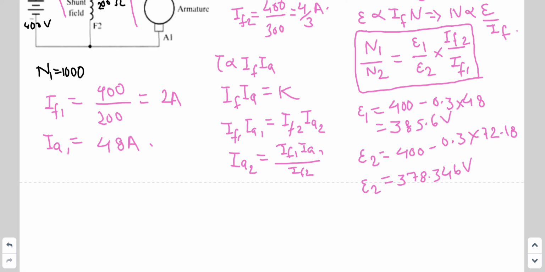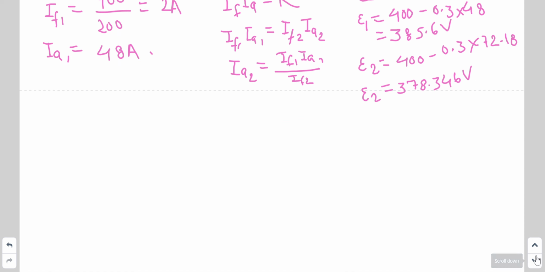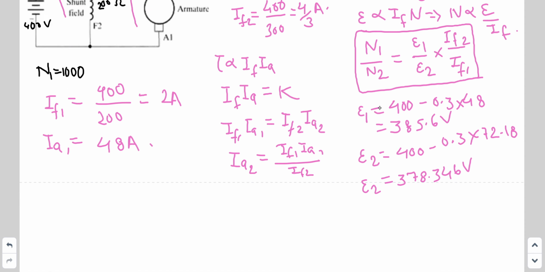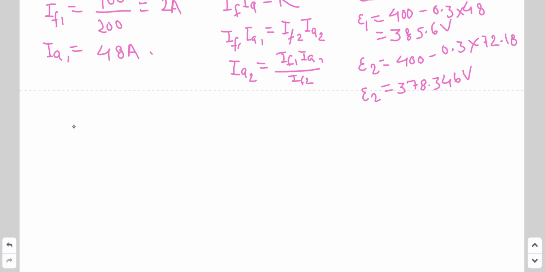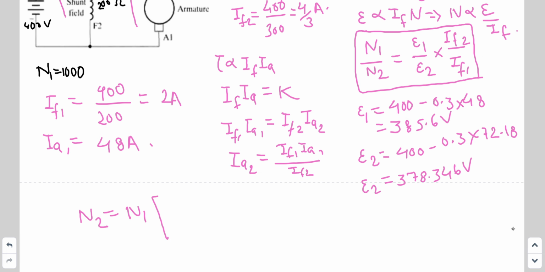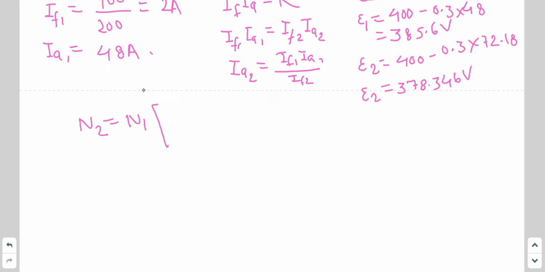Now we can calculate the speed. N2 is equal to N1 into E2 divided by E1 into IF1 divided by IF2. Now put in all the values.